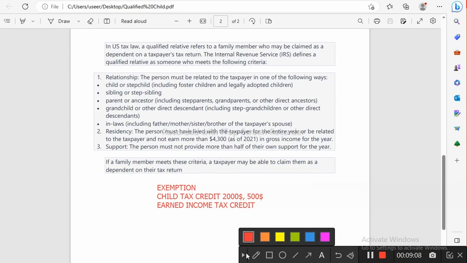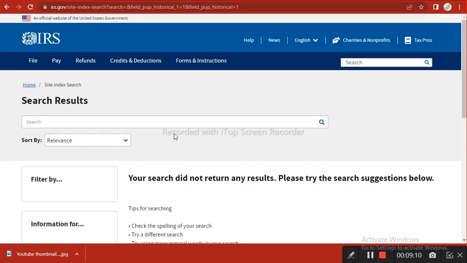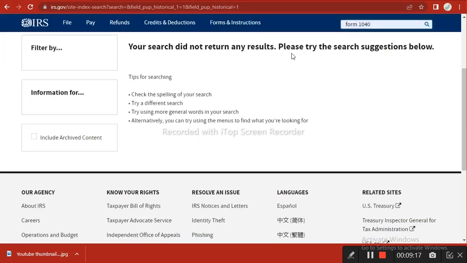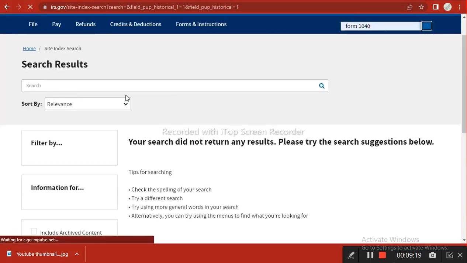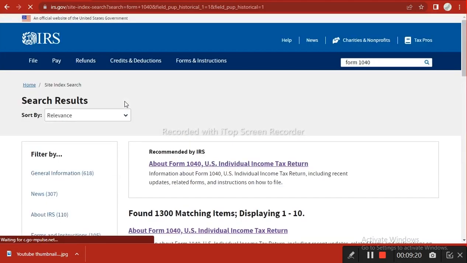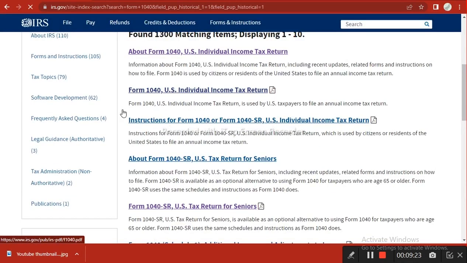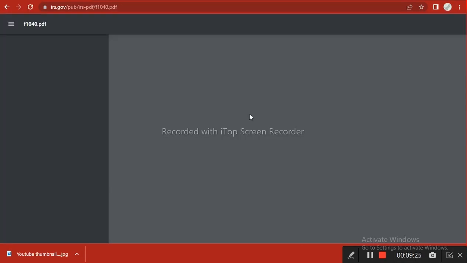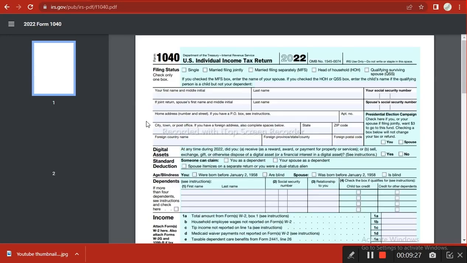So let's move towards the IRS website. Here is the search bar. I'll search here for Form 1040. Here it is, Form 1040. You can download it; in the next videos I will show you the downloaded form.